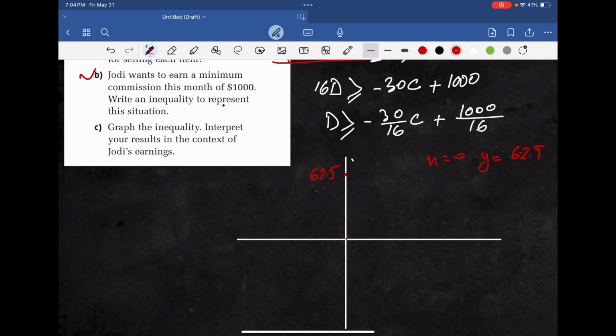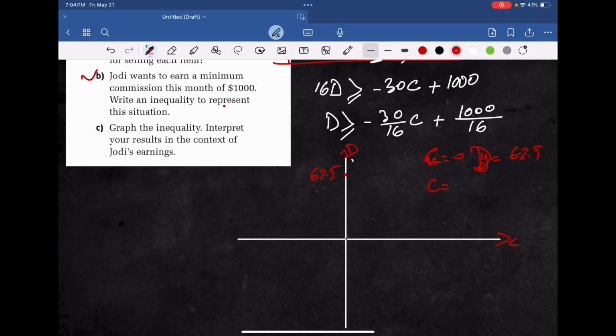And x is c and y is d. So this is our d and this is our c. If c is equal to 16, my d will be 1,000 over 16 minus 30, which is 62.5 minus 30, which will be 32.5.